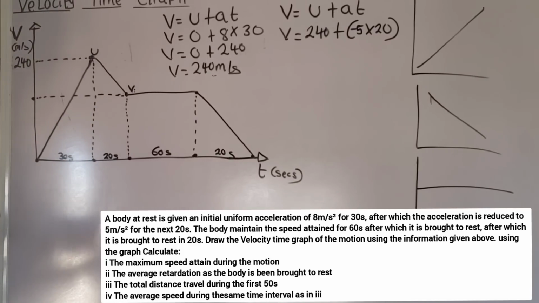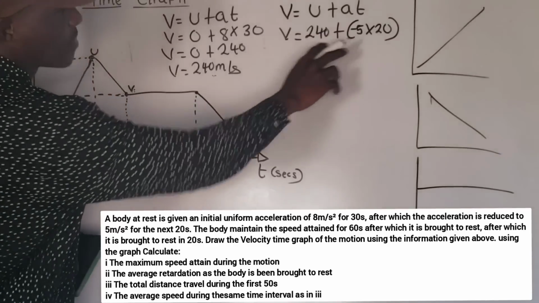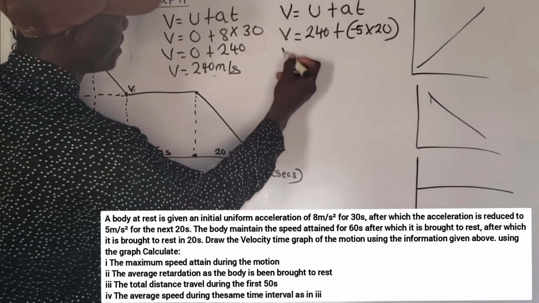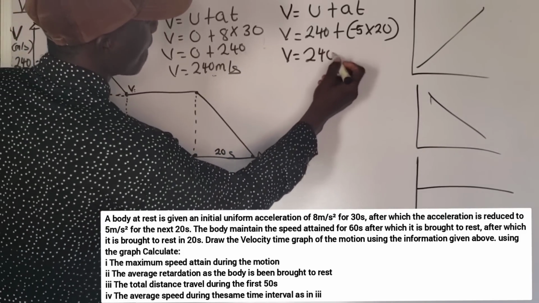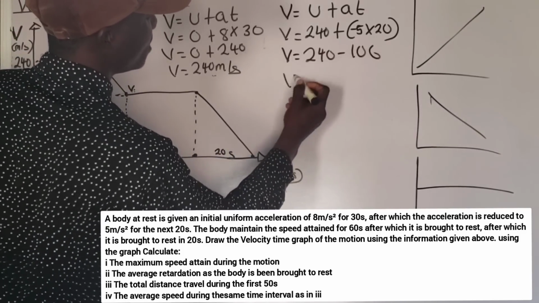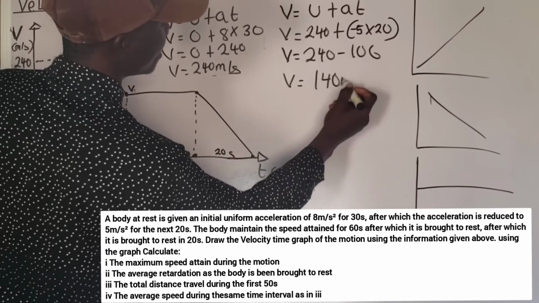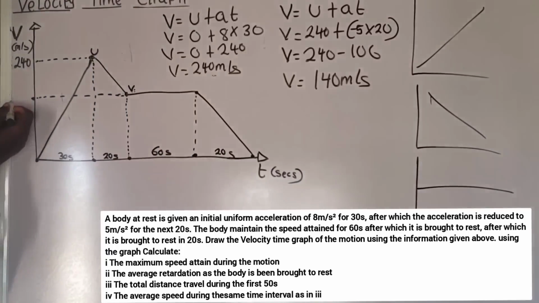That is negative acceleration, because that is the kind of acceleration that reduces the motion of the body. So that is why I have negative 5 in this place. So v equals 240 minus 100. v equals 140 meters per second. So the maximum velocity here is 140.